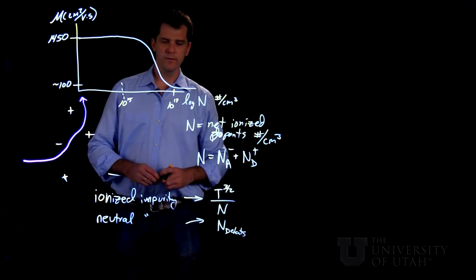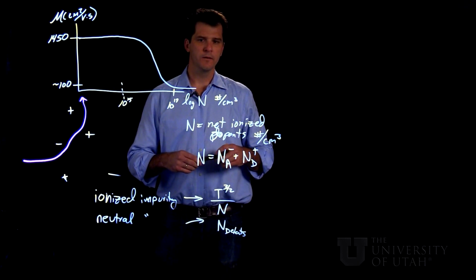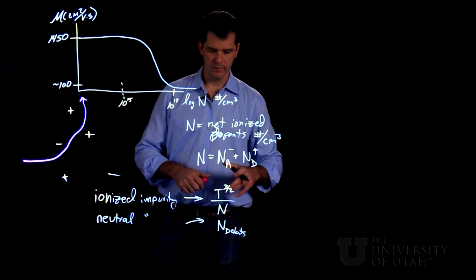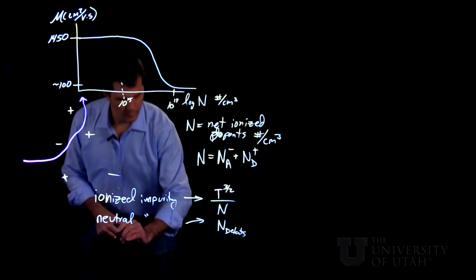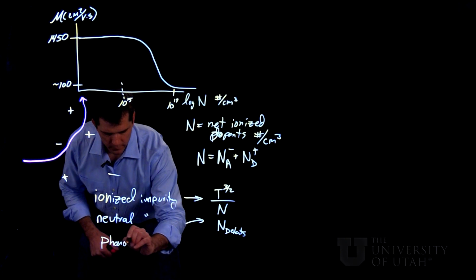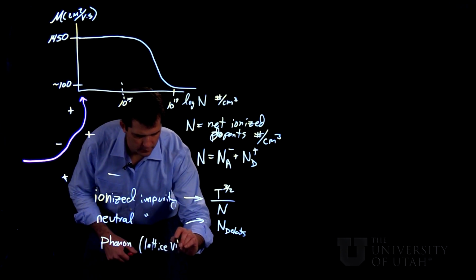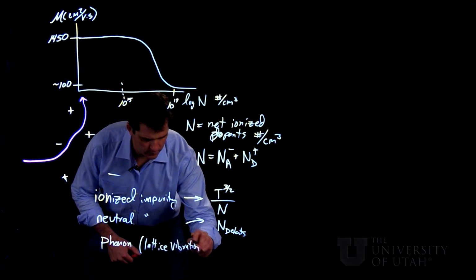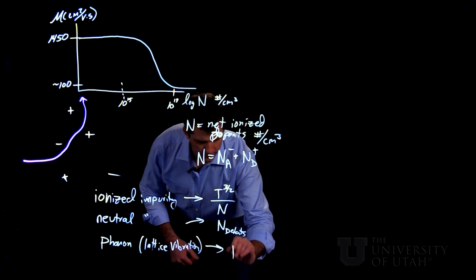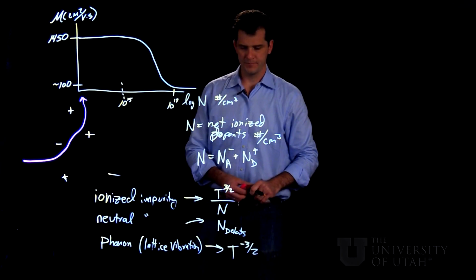And this shows up typically only at very defective material and at low temperatures is the only time you'll be able to see it. And then the last is called phonon, or lattice vibration. So this has a functional form of T to the negative 3/2 theoretically.